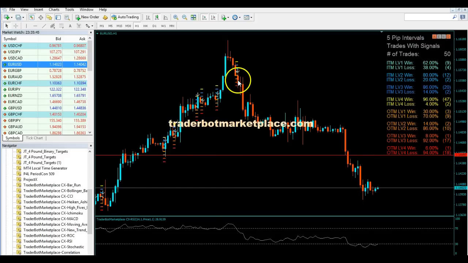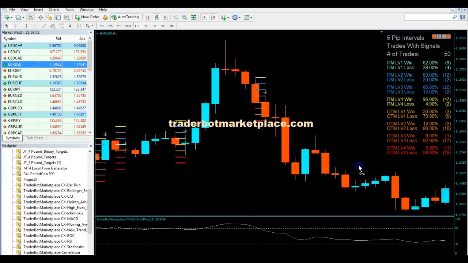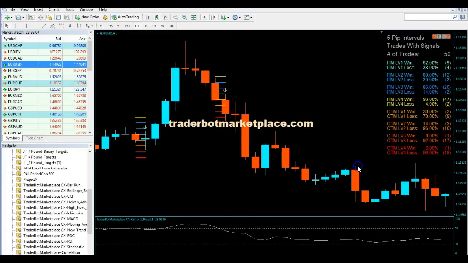Now, these little levels are 5 pip intervals, or 5 pips wide. So to move all the way down to and close below the last level, it's going to have to move about 15 pips. We'll open this up so you can see it a little bit more.